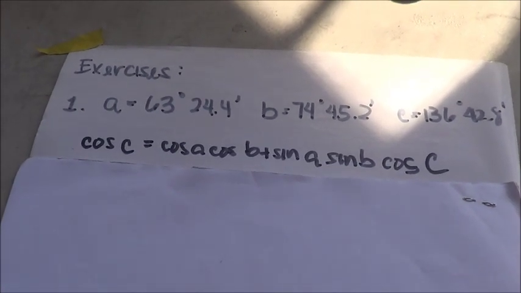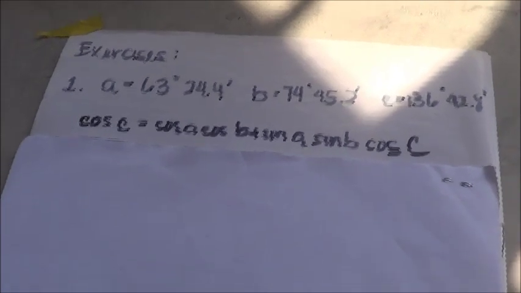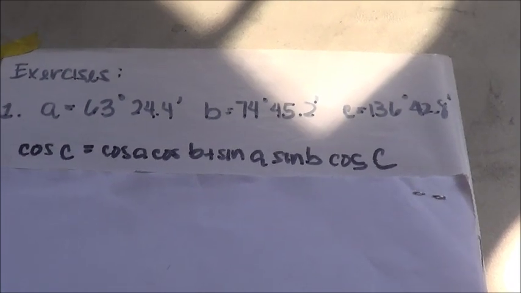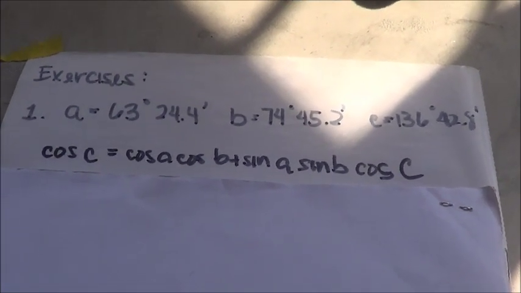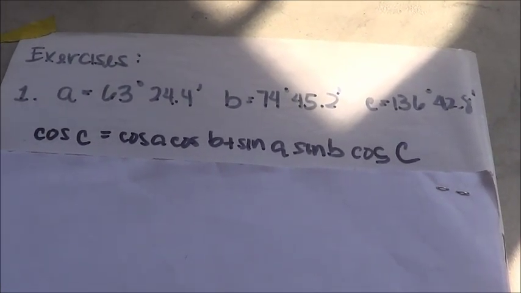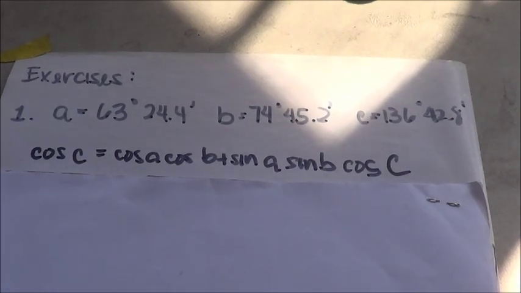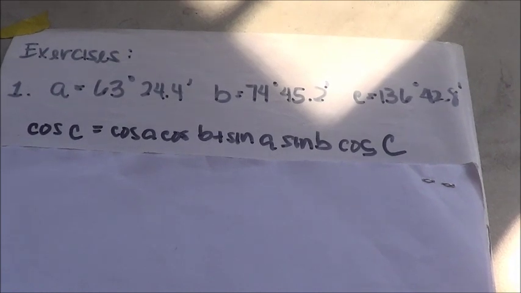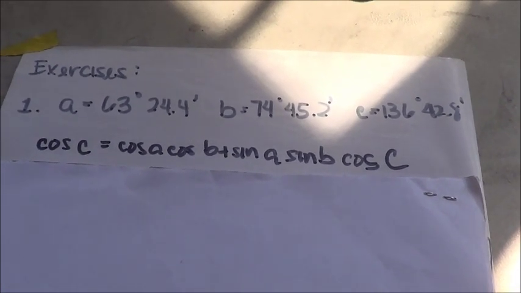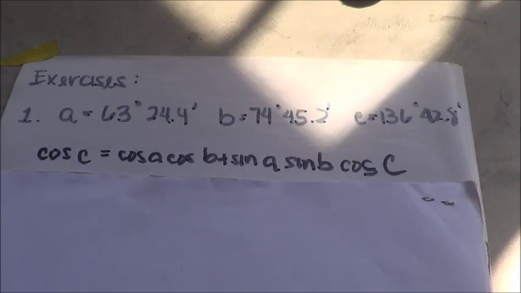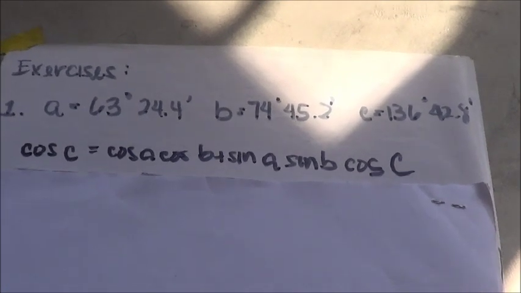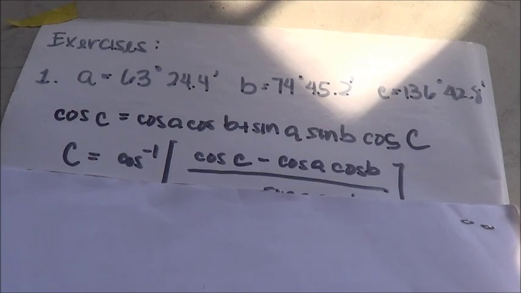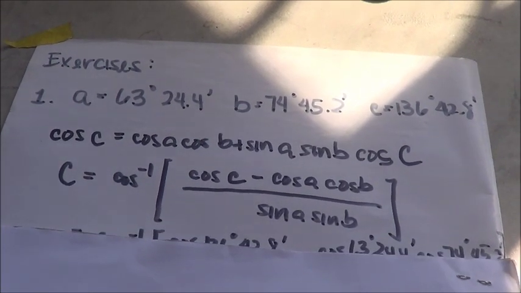There are 3 unknowns here, the angles A, B, and C. To find the angles A, B, and C, we need to use the law of cosines. So this is the formula. Cosine small c equals cosine a cosine b plus sine a sine b cosine uppercase C. The only unknown in this formula is the angle C. So we isolate angle C and we get this formula.